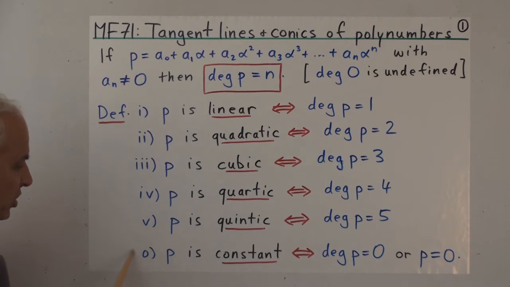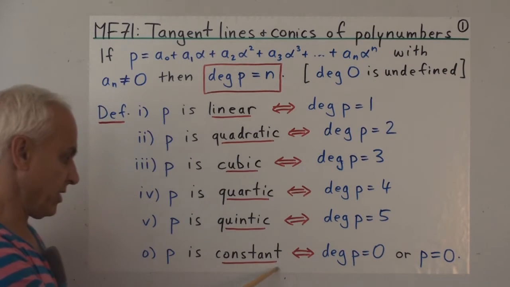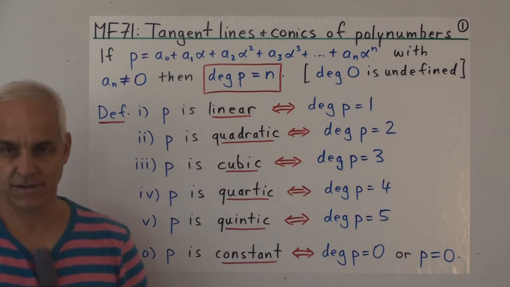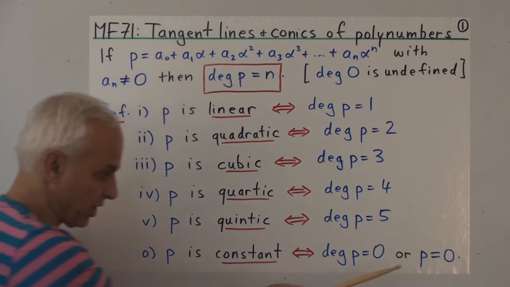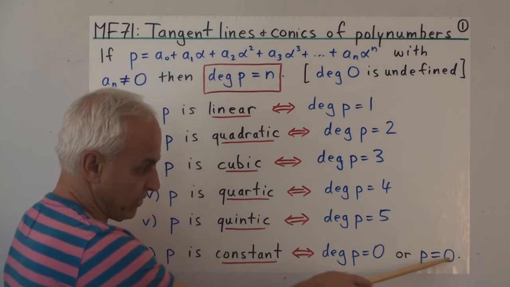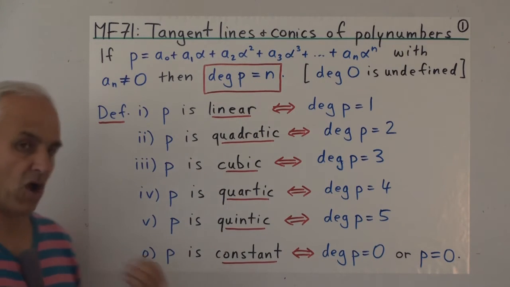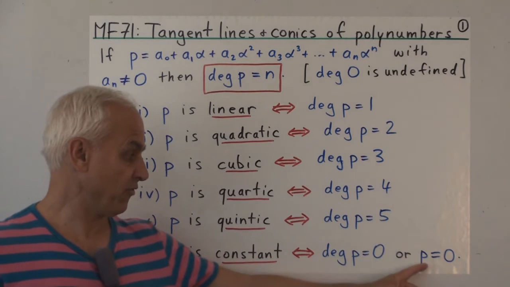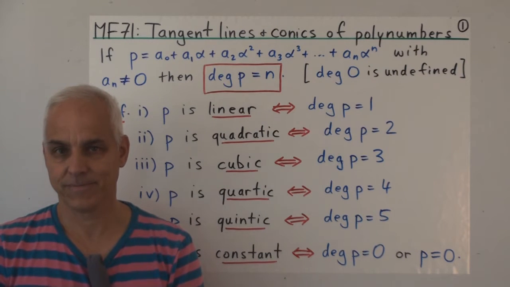And a little bit of a special case, actually the 0th case, when the degree of p is 0, then we'll say that p is a constant polynomial or a constant polynumber. And we'll also include the case when p is equal to the 0 polynomial itself. That's also a constant polynomial, even though, as we've remarked, its degree is not officially anything at all.